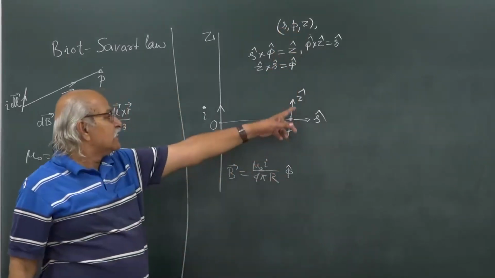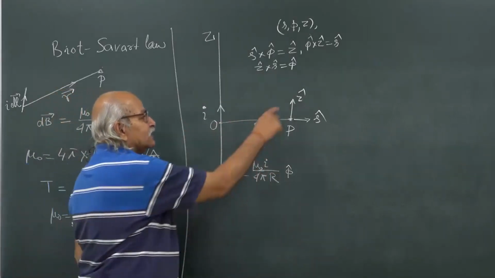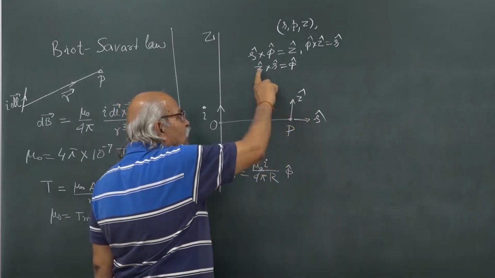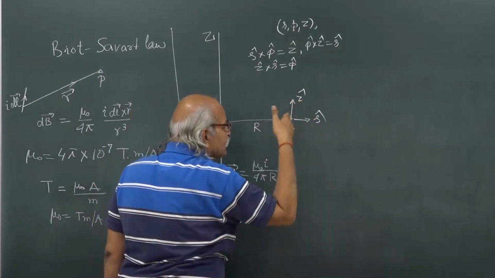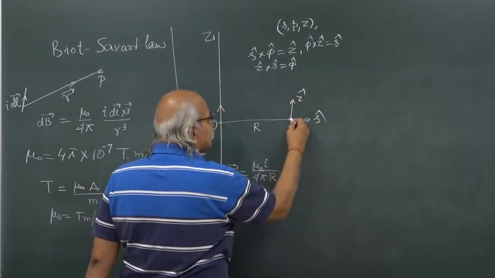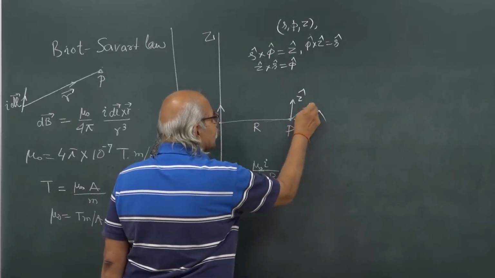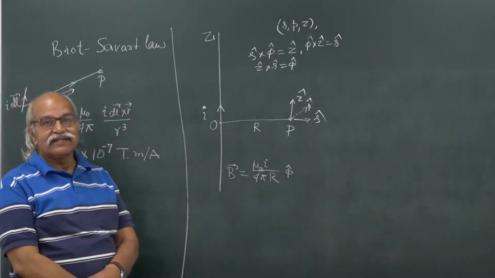So, if this is s and this is z, then z cross s is phi. If you do this cross product of z cap and s cap, it goes into the board. So your phi cap direction is going into the board, perpendicular to this. These are the unit vectors here.